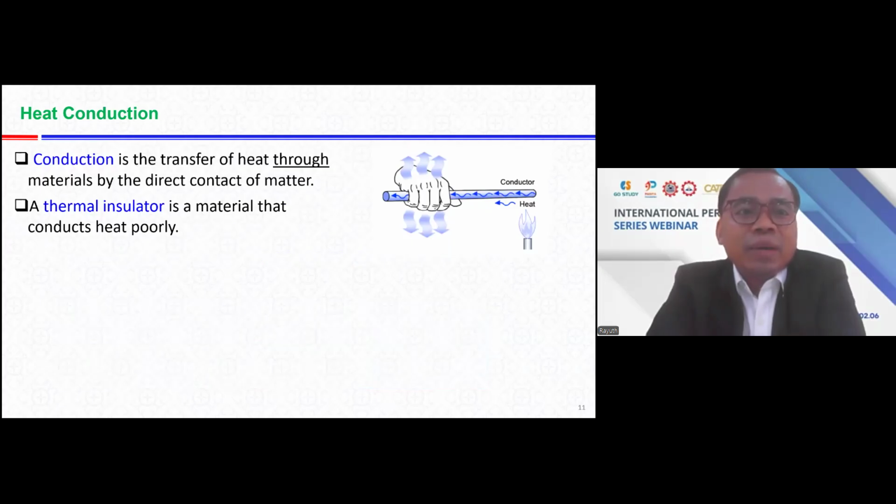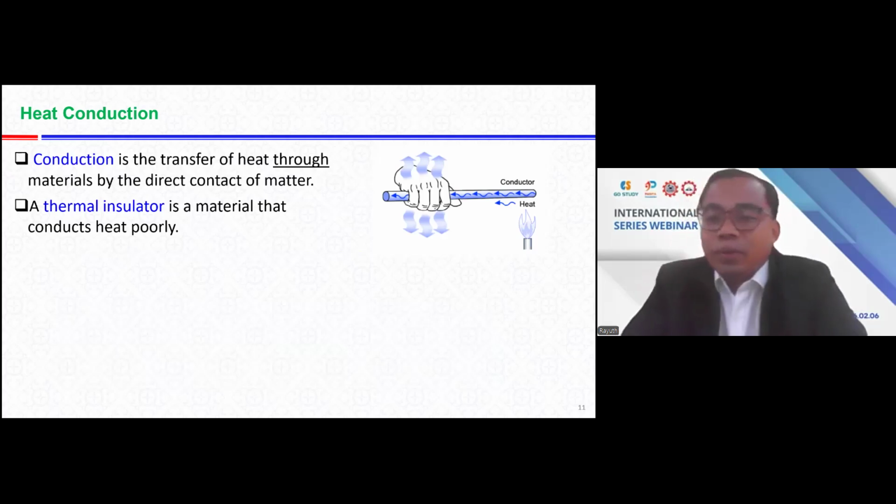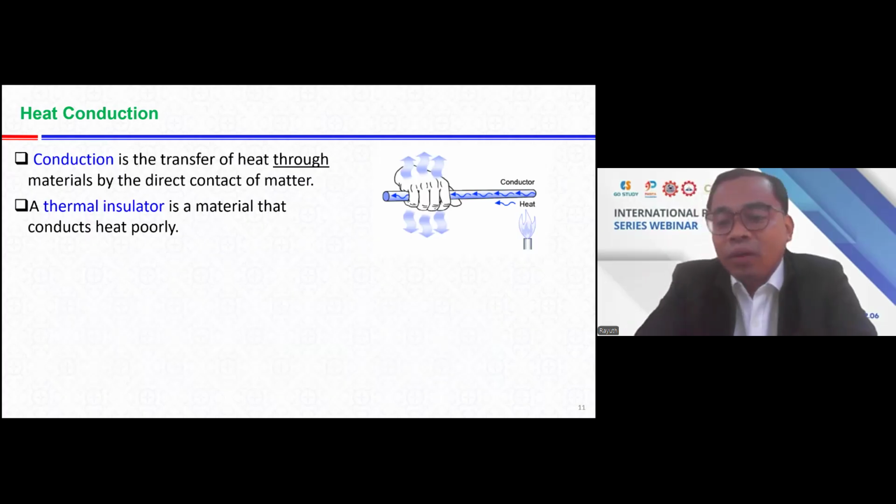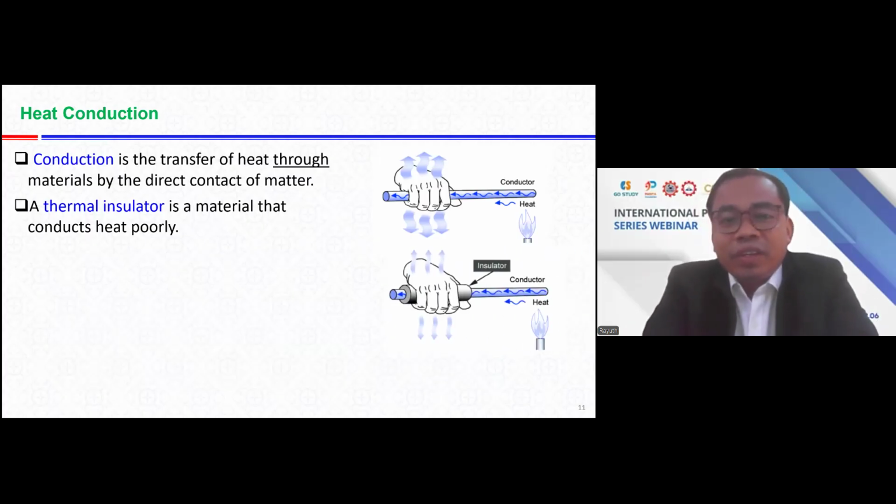Heat conduction is the transfer of heat through material by direct contact of matter. For example, heat goes through a material like steel, and when you heat it up, the person handling it will feel hot. If you put in insulation, the heat does not go directly through to the hand because of the insulation.